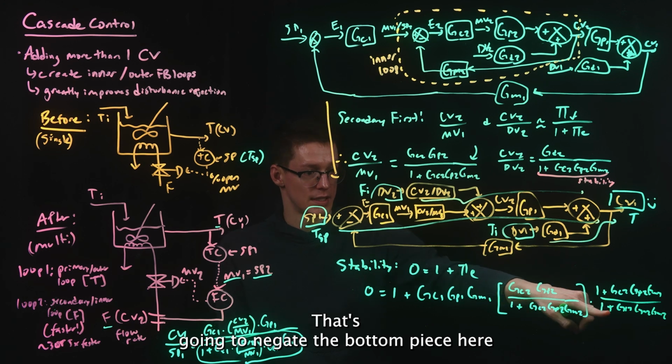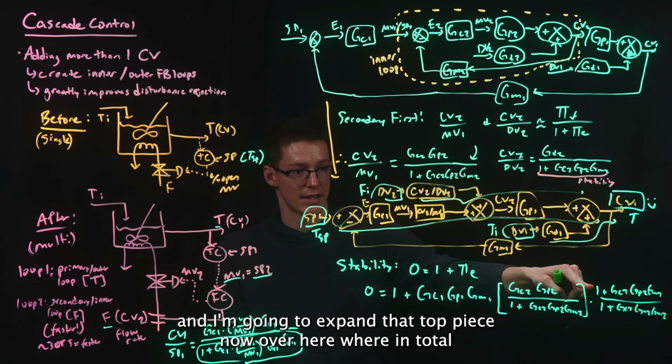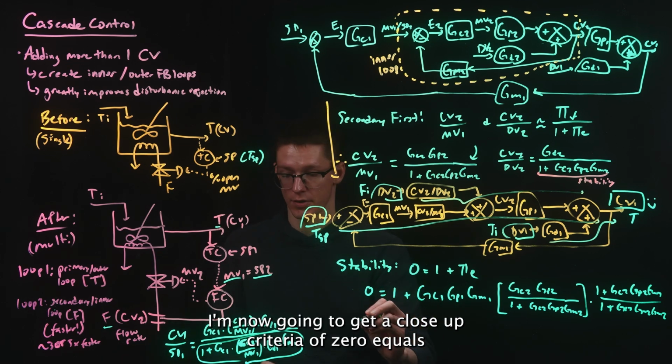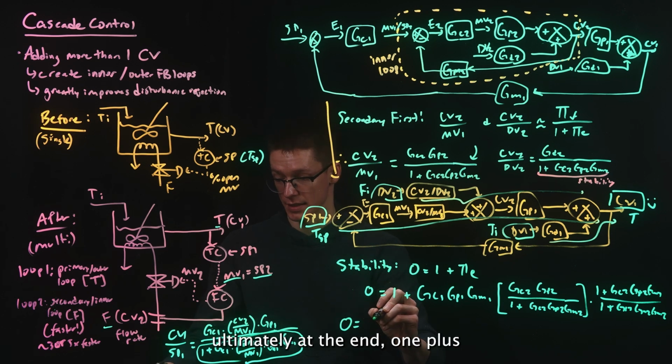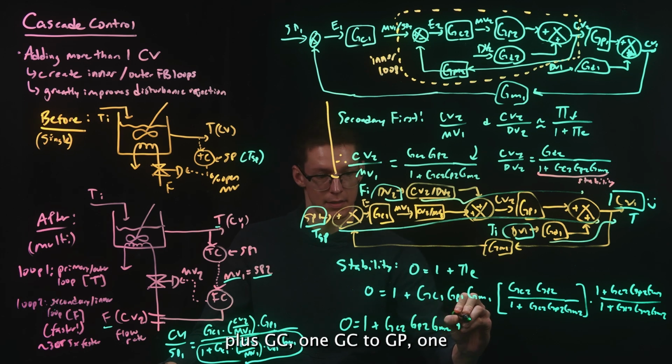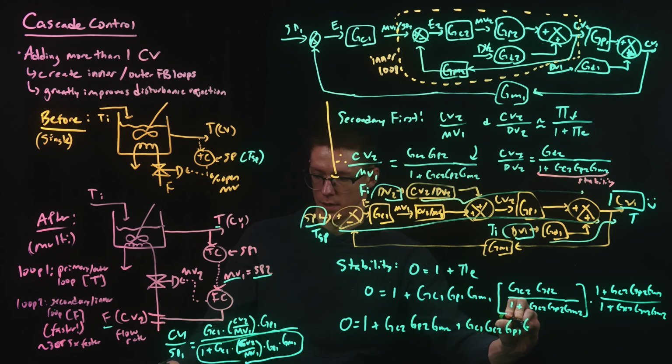That's going to negate the bottom piece here, and I'm going to expand that top piece now over here, where in total, I'm now going to get a closed-loop criteria of 0 equals, ultimately at the end, 1 plus GC2, GP2, GM2, plus GC1, GC2, GP1, GP2, GM1.